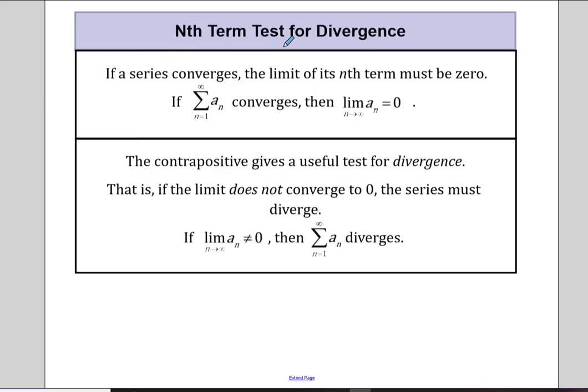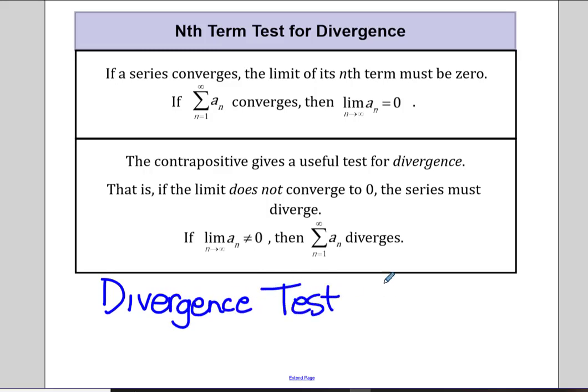Now, the nth term test for divergence, I like to call this the divergence test. Some textbooks will call it the zero test, and also the nth term test for divergence. Basically it says this: if a series converges, the limit of its nth term must be 0.